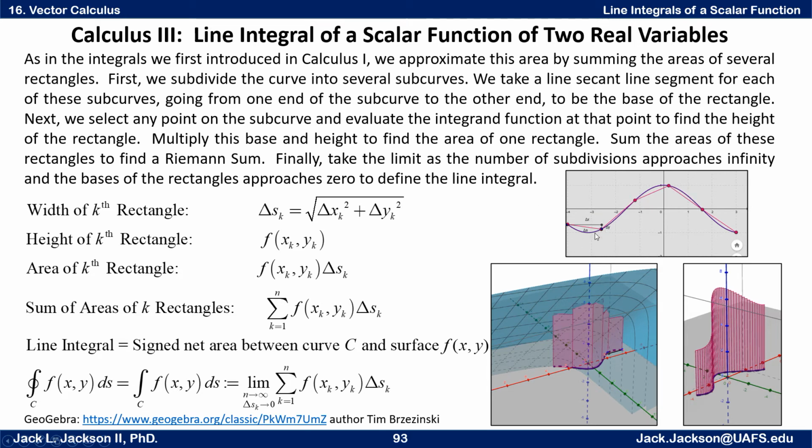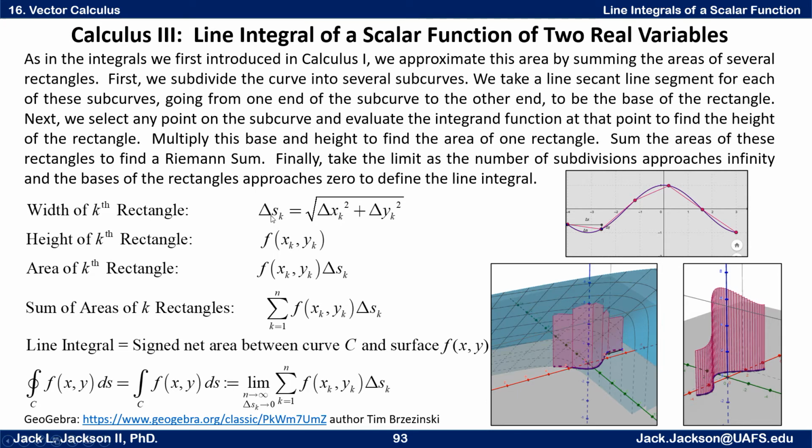Here I've got it broken up into 5 pieces. And here this is delta x, the horizontal change. Delta y is the vertical change. Delta s is this distance across here, which is the length of our base. Now we have a different delta s potentially for each one of these. So here's a delta s1. The length of that secant line segment is delta s2. The length of that secant line segment is delta s3, and so forth.